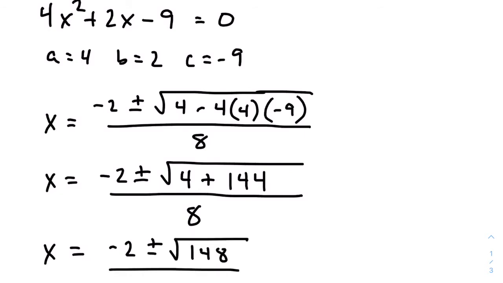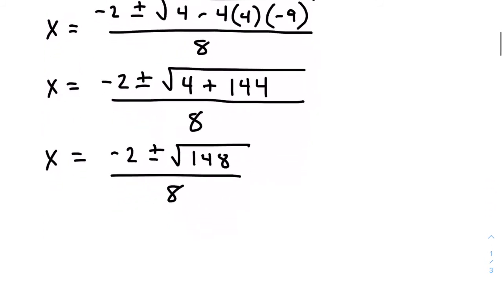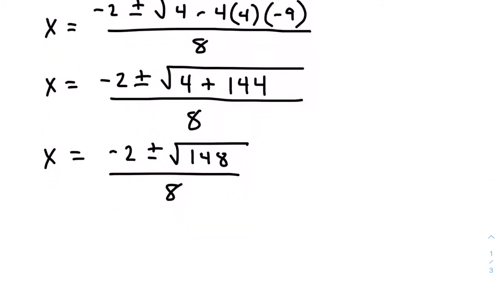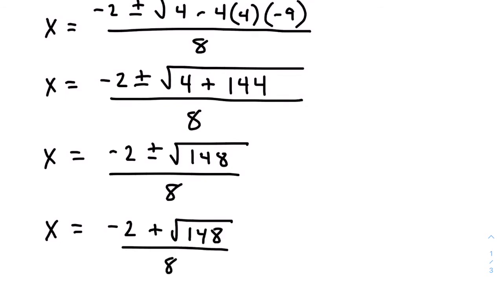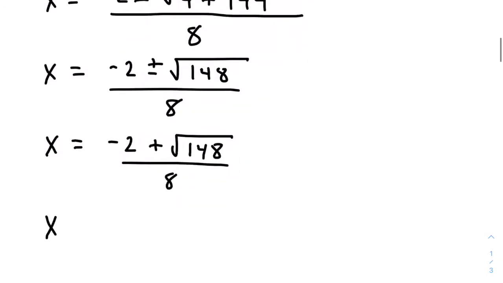Uh-oh. We're going to divide that by 8. And so we have x equals negative 2 plus the square root of 148 over 8, and negative 2 minus the square root of 148 over 8.